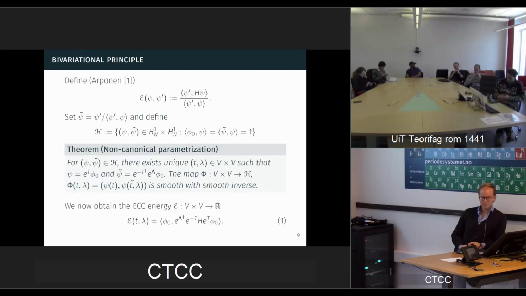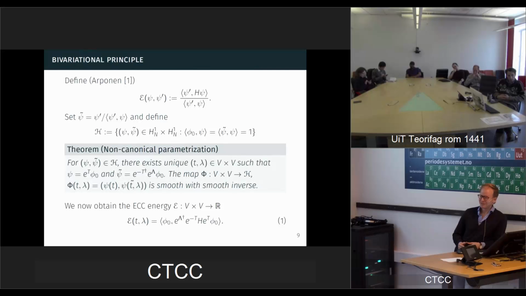This was the first big proof-of-concept analysis showing that the bivariational principle is a rigorous and useful way to obtain new types of quantum chemical computational techniques. This analysis is complicated, but that's how it goes with state-of-the-art methods.